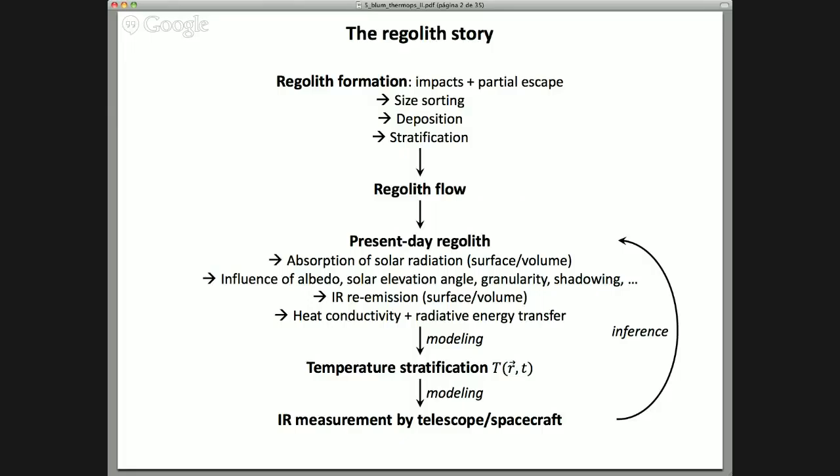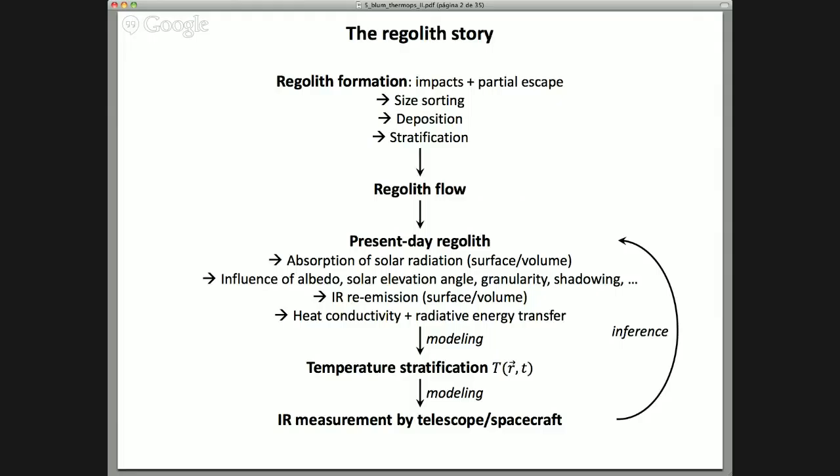That leads to some stratification. I will be talking very briefly about that. And this happens over millions and billions of years. In between, regolith may change by thermal fatigue, as we've just heard, or by flow avalanches, the Brazil nut effect, and so we end up at the regolith which is observed.